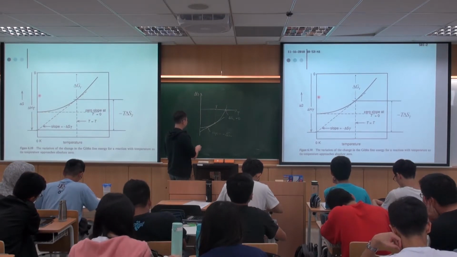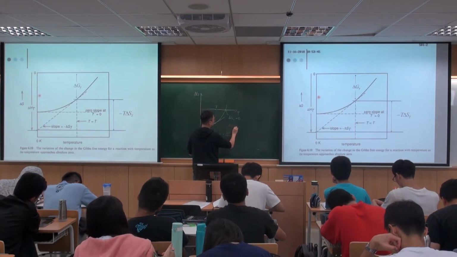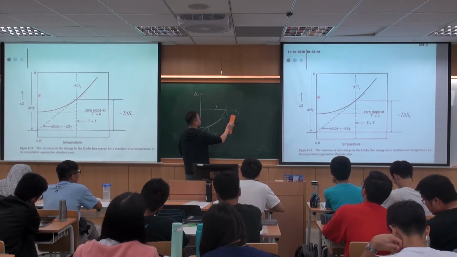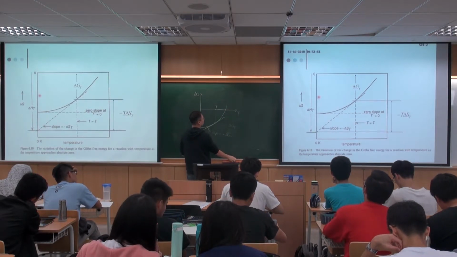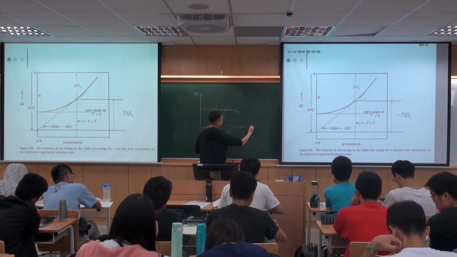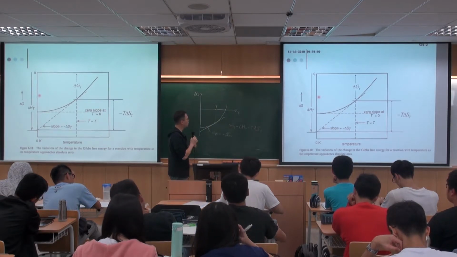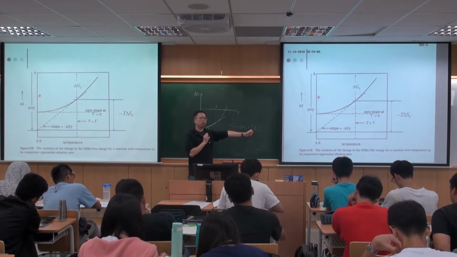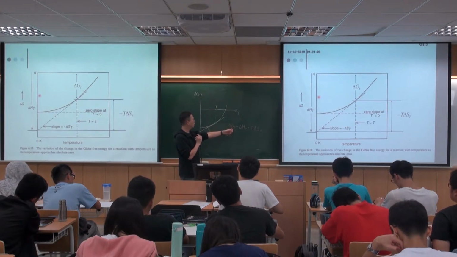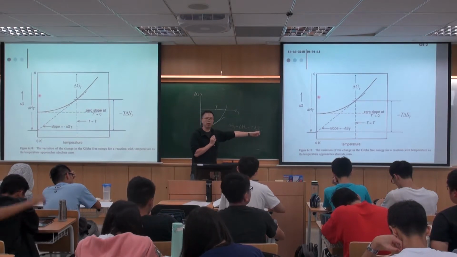And we know that for this reaction, if we write down the definition, the Gibbs free energy change at this temperature will be the enthalpy change at this temperature minus T delta S(T).